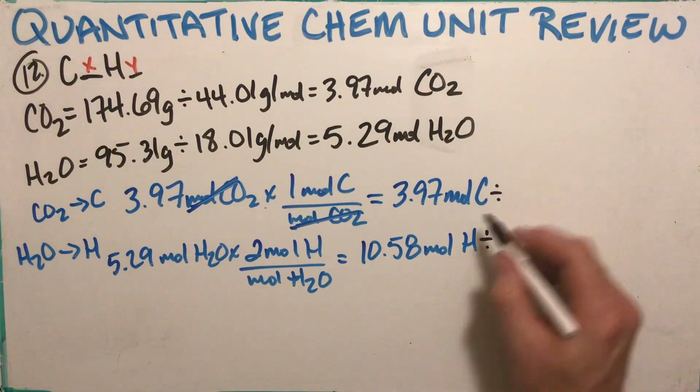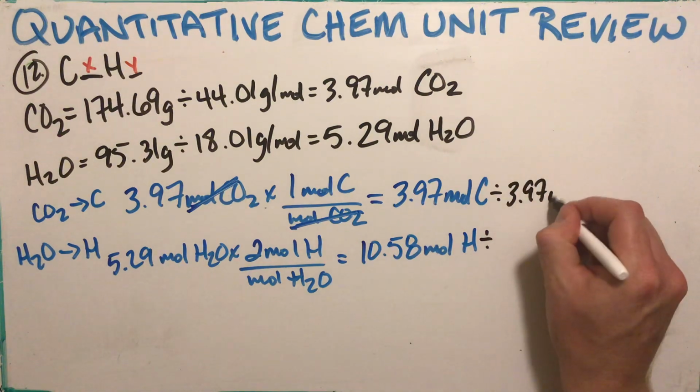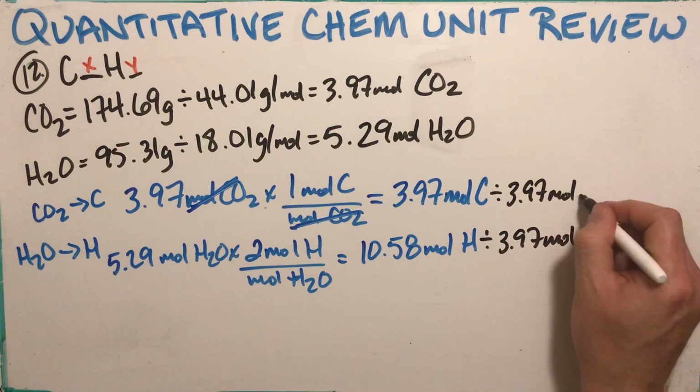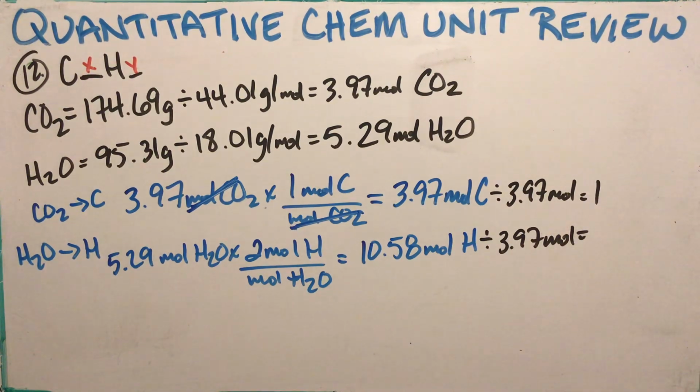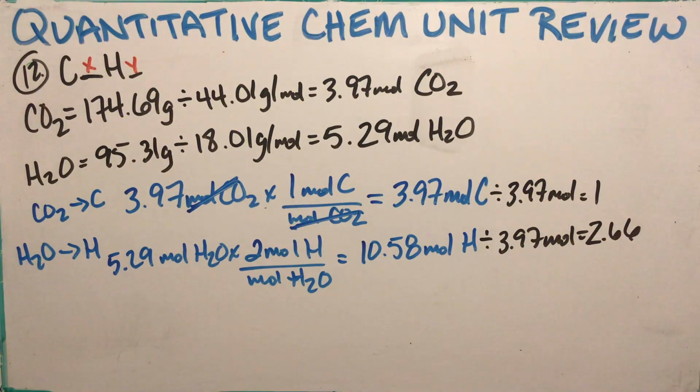When I divide this out by the lower mole number, well, that's the 3.97 versus the 10.58. So 3.97 moles, 3.97 moles. I end up with, well, this one's obviously 1, and this one's 2.66. And that's a problem. A lot of the times when we did this, we'll get a 1 and a 2 or a 3 or a nice round number.